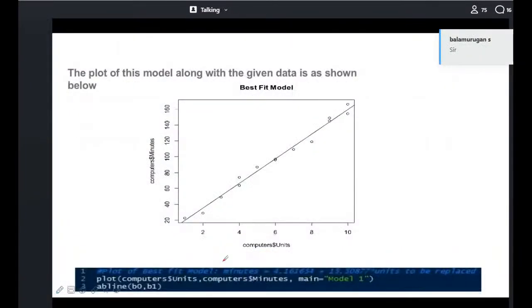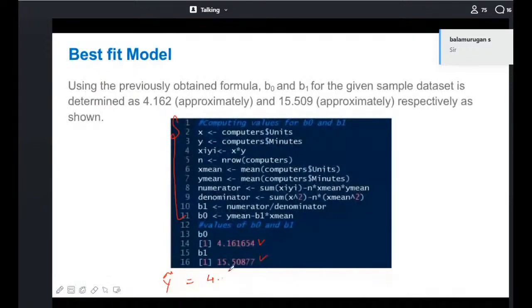Okay, it's not there. 4.16 plus 15x. Now I can put in the values and get my results.